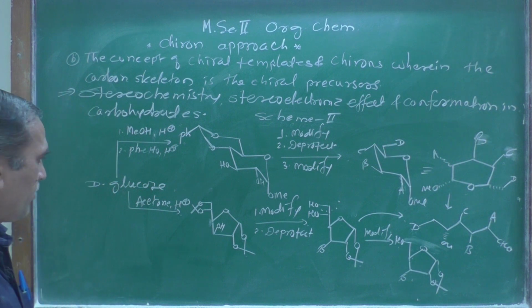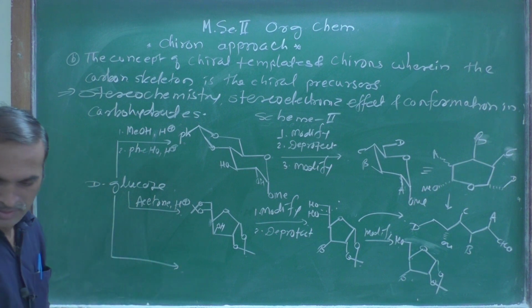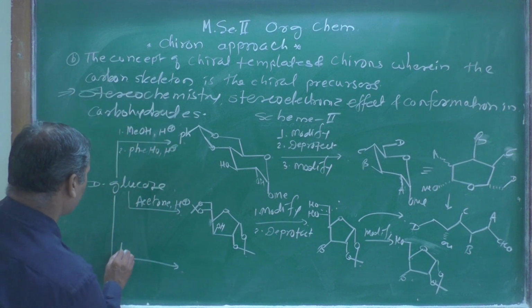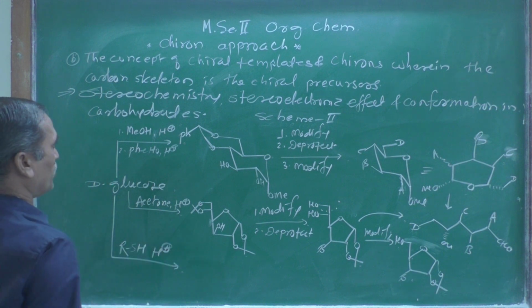And another way, if this one is treated with RSH thiol, RSH in presence of H plus, what do you get?